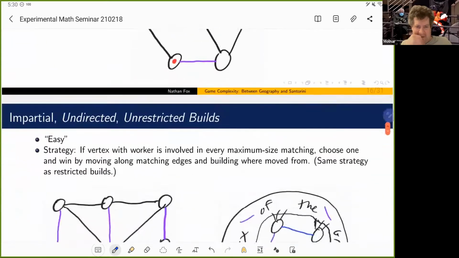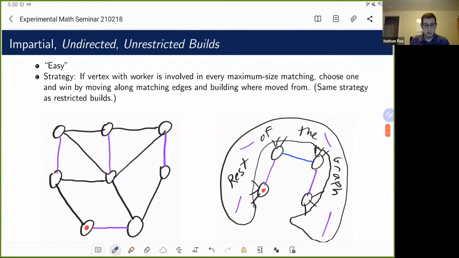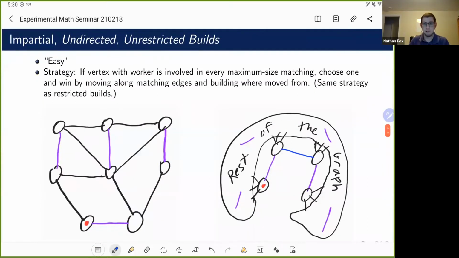So what if we change the rules of undirected geography to allow unrestricted builds? That actually doesn't change anything. So Abigail can win with exactly the same strategy. A way to see this is, suppose she couldn't win with the same strategy. So think of this picture now.